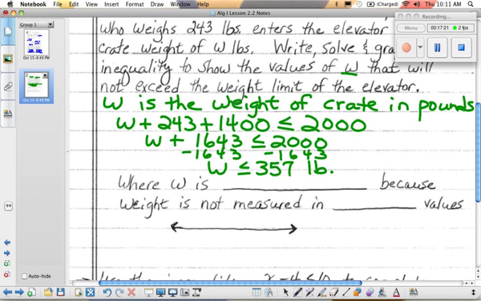So do you get that at most, the crate can weigh 357 pounds? At most, it can weigh 357 pounds. So that's a pretty good sized crate. We don't have much to worry about around this elevator, right?